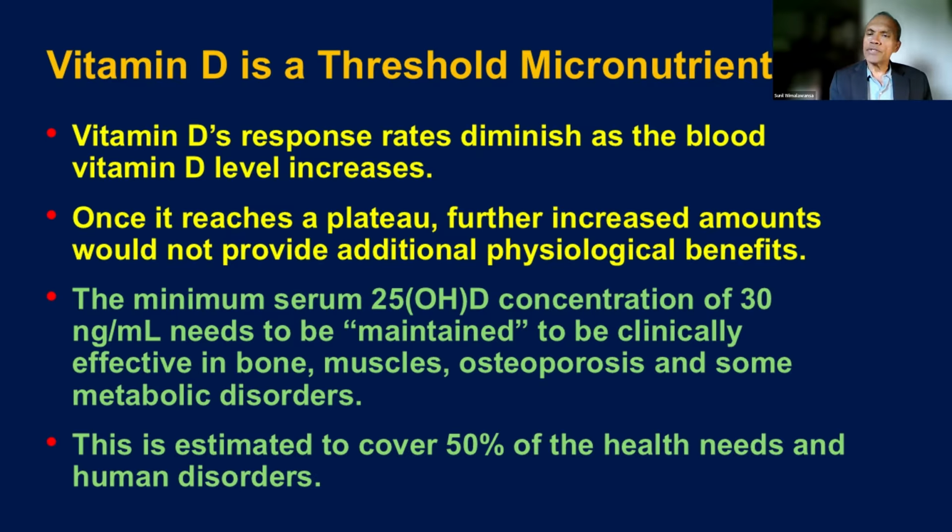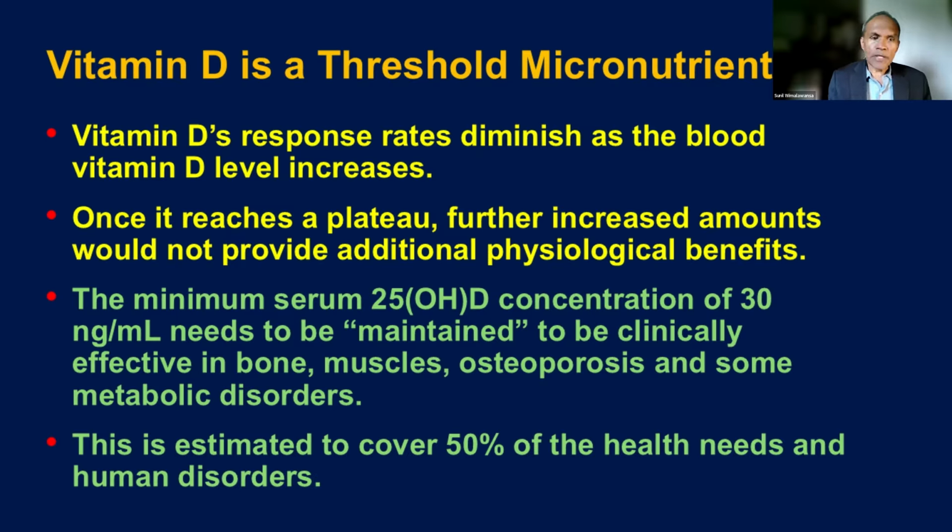For most of the general conditions, people have shown that about 30 nanograms per mil, if you maintain it, can overcome many of them. But there are a lot of other conditions, I'll show you in a minute, that will not even be touched by 30 nanograms per mil, as was recommended by the Endocrine Society guideline in 2011.